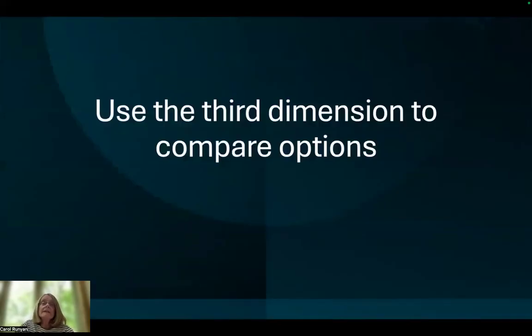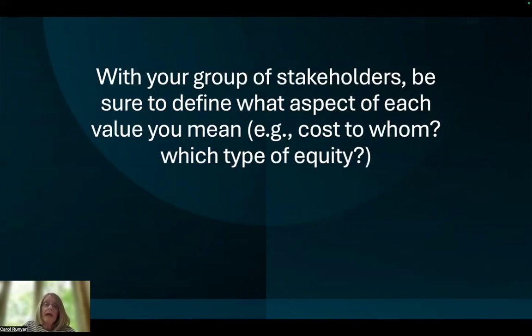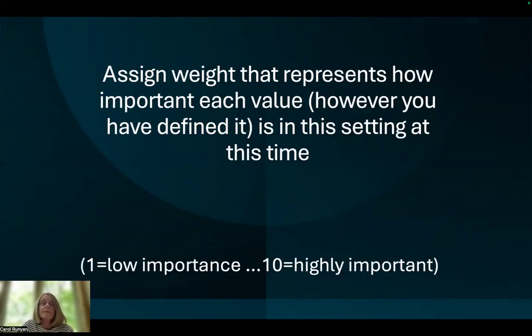So then the next issue is how to use the third dimension to compare your options. With your group of stakeholders, I think you need to be sure to define what aspect of each value you mean. I already talked about that as we went through the values. Assign weights that represent how important each value is, however you have defined it.